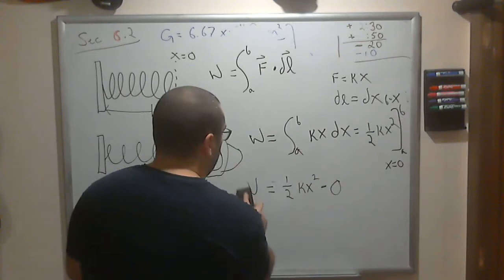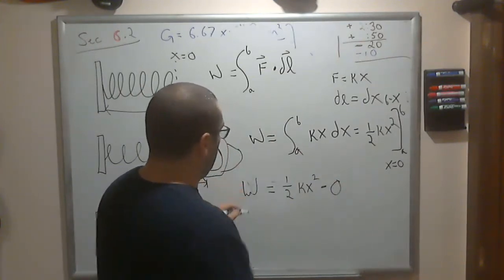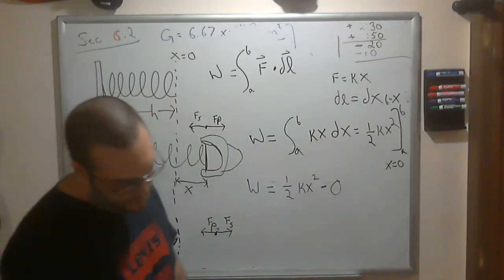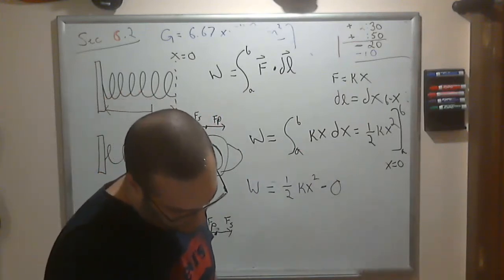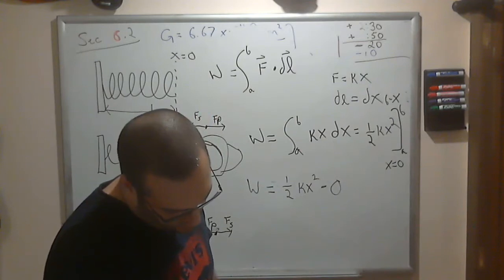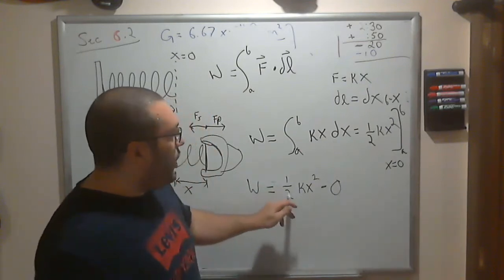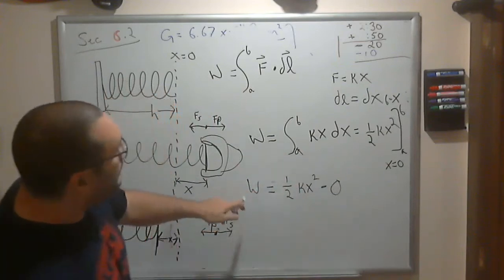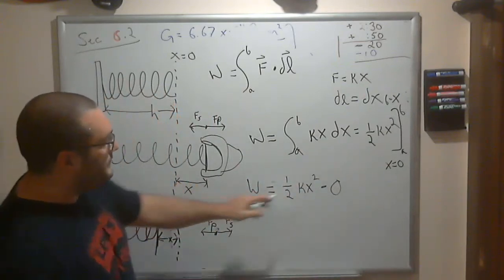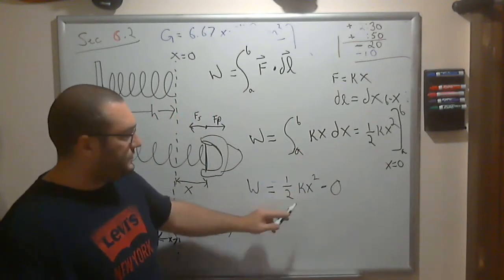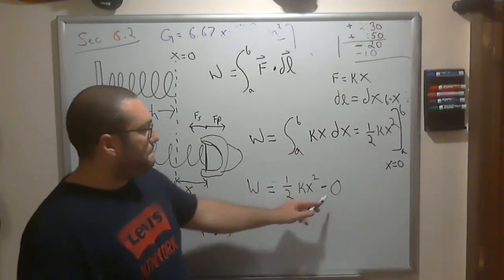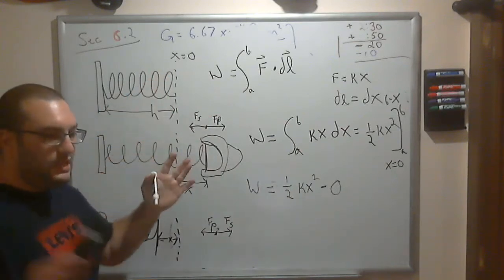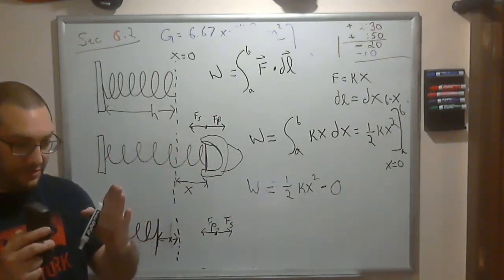So the work done on the spring by the person is equal to this, how far you extended it squared. Because initially there's no work involved with it, and then we add energy to the system, is what we say.